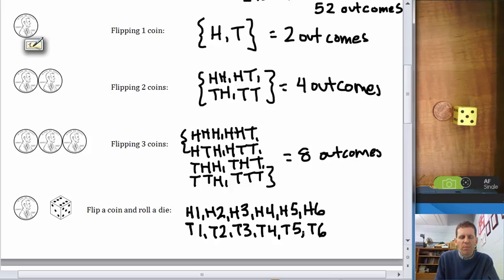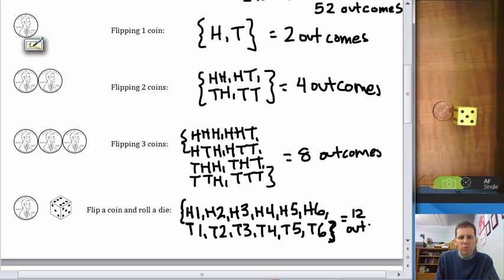Would that be something different? Because it says flip a coin and roll a die, we're assuming you're starting with flipping a coin first. So the first value is a coin toss option, and the second value is a die roll option. When you count the total number of items in this set, we have 12 outcomes altogether.